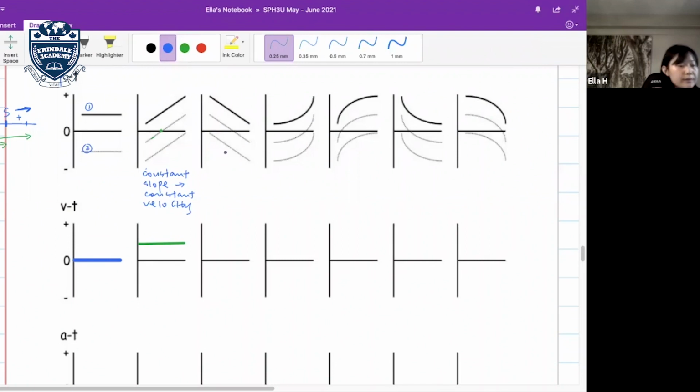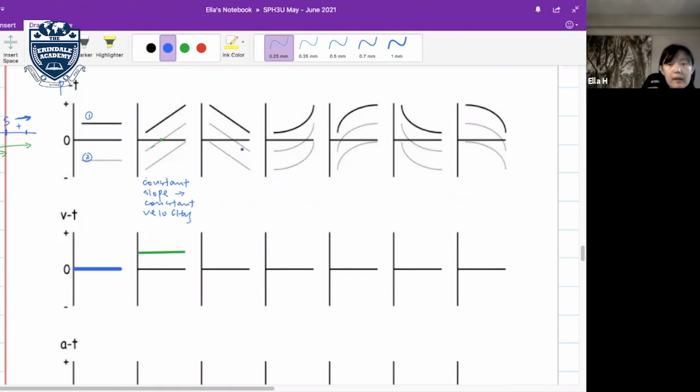So for this one, first of all, straight means constant slope, so constant velocity. But could you just think about what should be the VT look like?